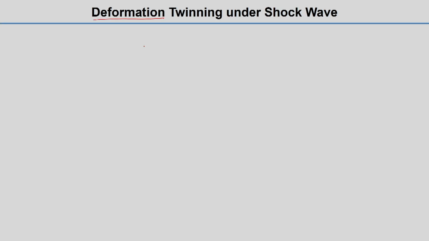Deformation twinning is related to any kind of deformation, like conventional processes such as quasi-static deformation, but here we will mostly talk about twinning induced by shock loading. So I will just write shock loading induced twinning.